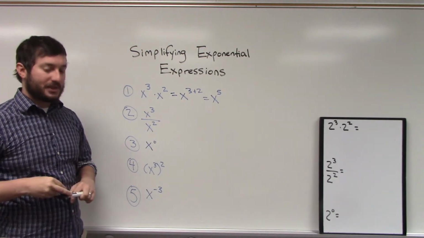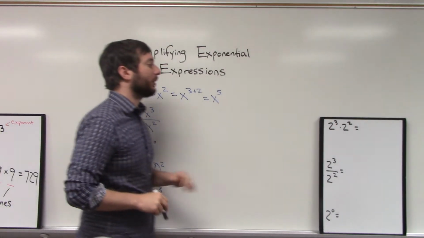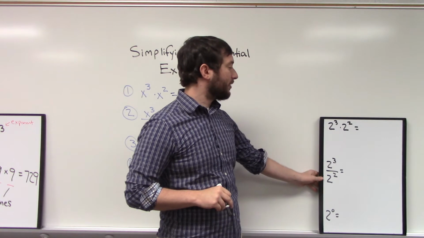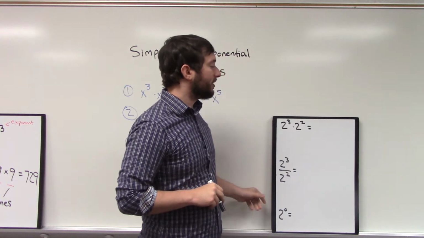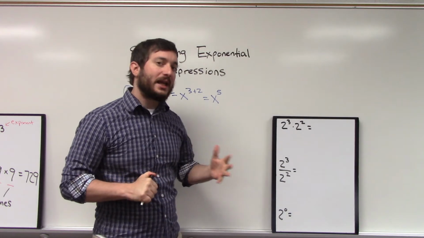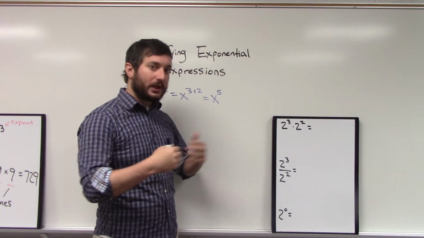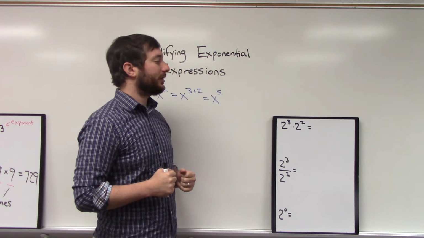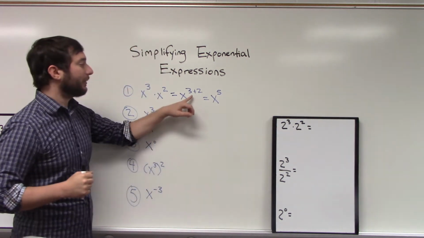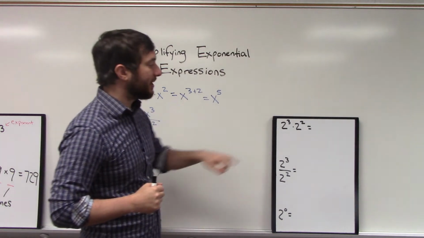I'm also going to show an example of how that works with numbers. So here I have an example of 2 to the third power times 2 squared. I'm going to show you how to simplify this in more than one way, but both will give you the same answer, and this will show that the product rule works. So according to our rule, we should be able to add our exponents here because they have the same base, right?